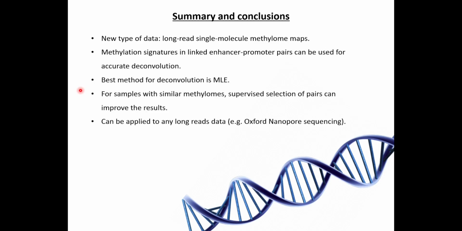For samples with similar methylomes, supervised selection of best pairs can improve deconvolution accuracy. This method is not limited to bionanogenomics optical maps only, but can also be applied to other long-read data. For example, applying it to Oxford nanopore sequencing data would be interesting to pursue in the future.